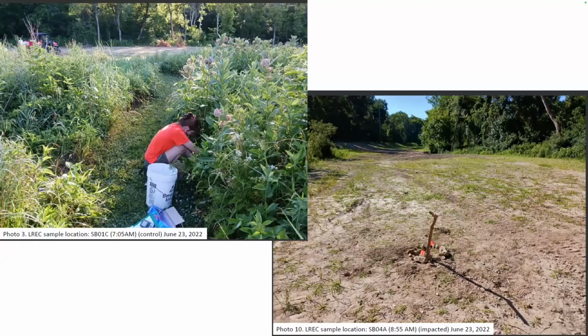And as you may have guessed from looking at this soil, there was quite a bit of difference in the biological life in the soils between our control group over here on the left, and over here on the right is the disturbed corridor when we were doing the sampling.